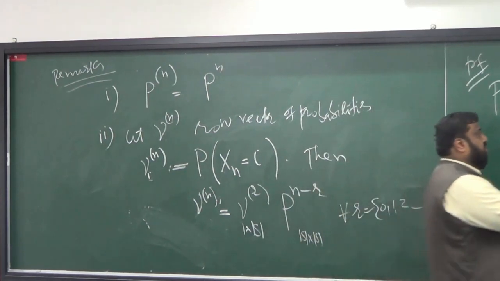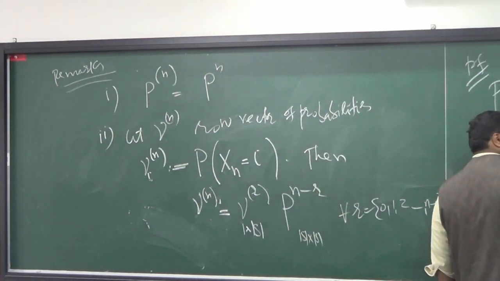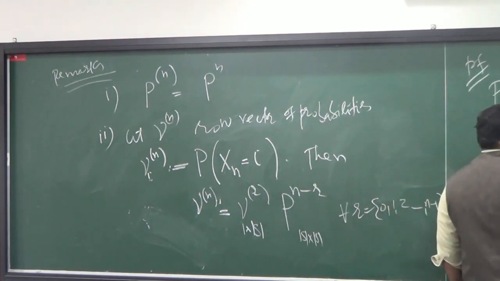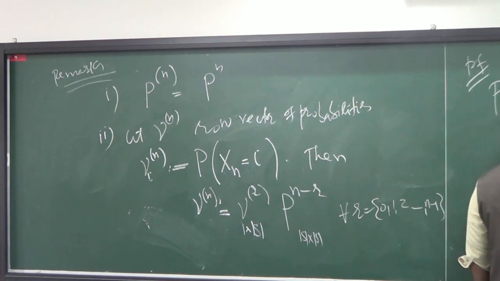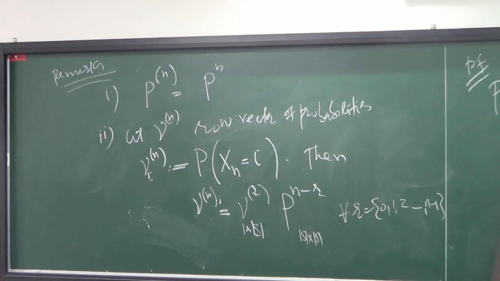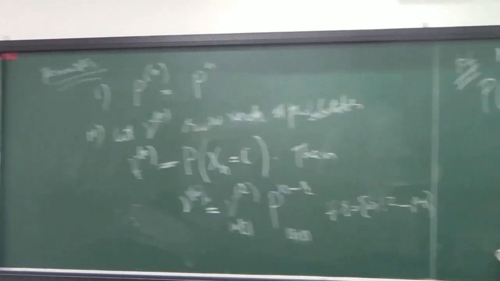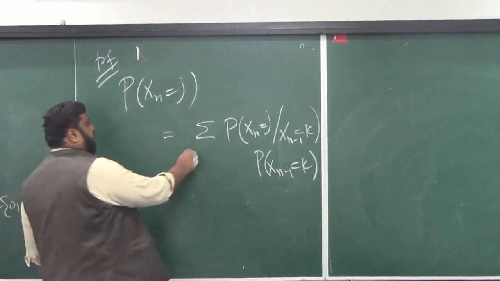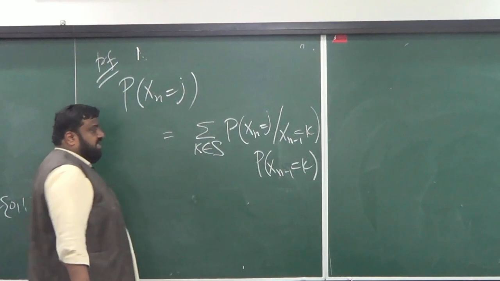So I can say that this is the same as the sum, over k in the state space S, of the probability that currently I am in state j, given that at step n minus 1 I was in state k, times the probability that X_{n-1} is k. This is a simple application of total probability.